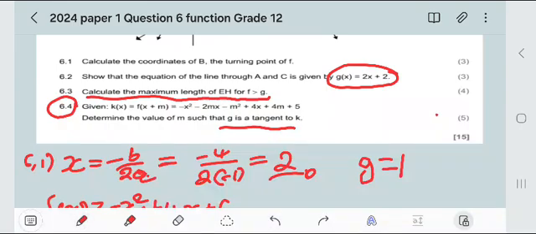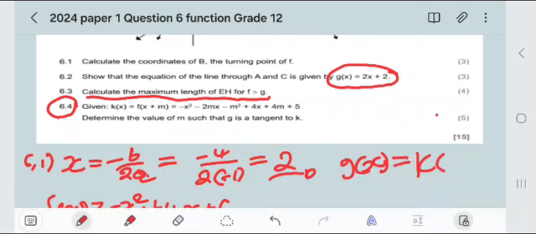As you can see, just from that statement, you can see that g of x will be equal to k of x. Just reading from this statement, you can simply see that that is what we can have.